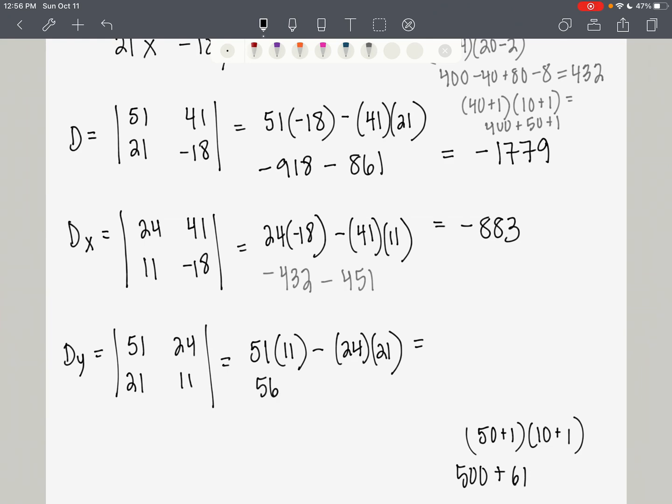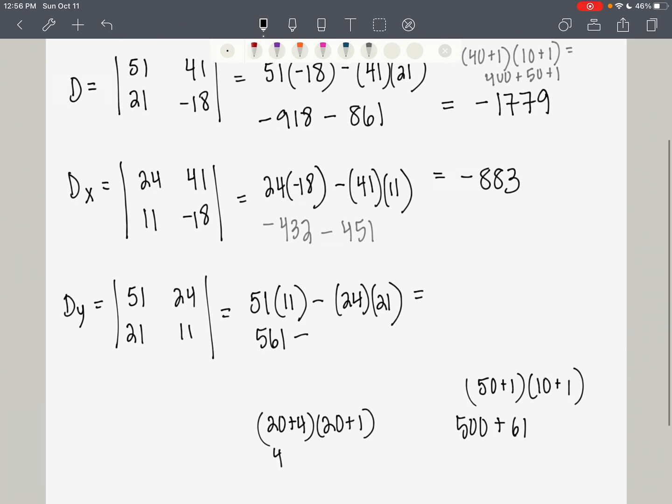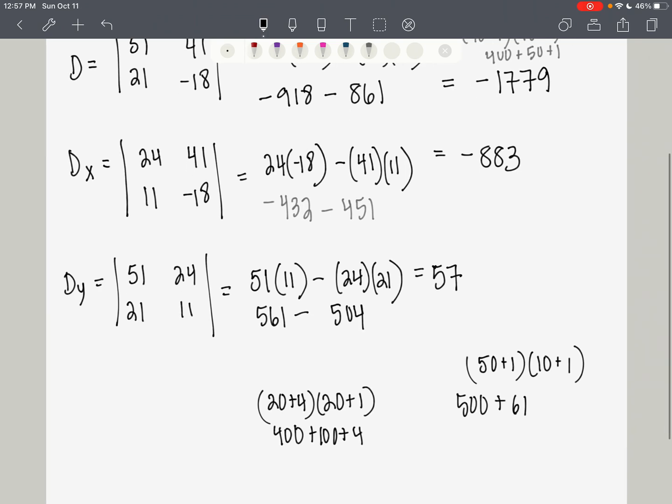So 561 minus, then I've got 24 times 21 is 400. I've got 20 plus 80 is another 100 plus 4. That's 504. And 561 minus 504 is a positive 57.